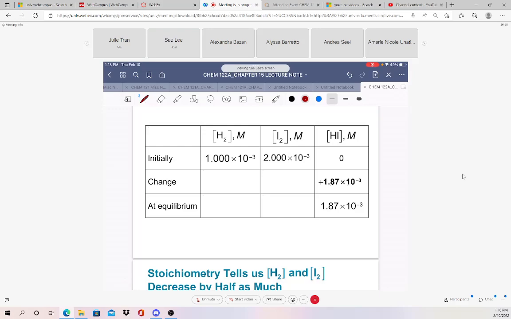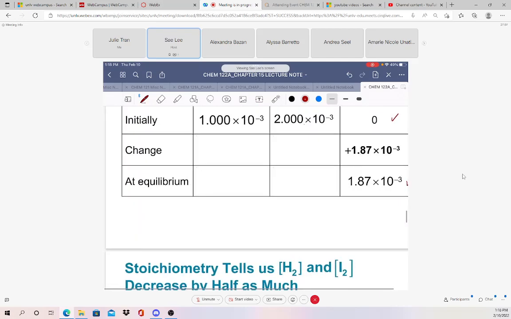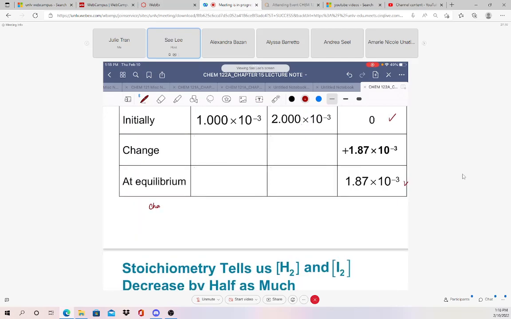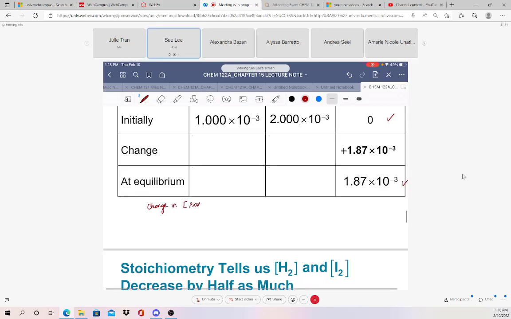Since we know the initial concentration and equilibrium concentration of the product, we can find the change in concentration of the product. The change in concentration of the product is later concentration minus initial concentration.